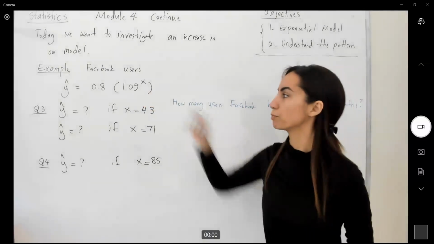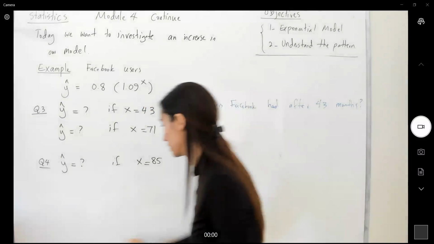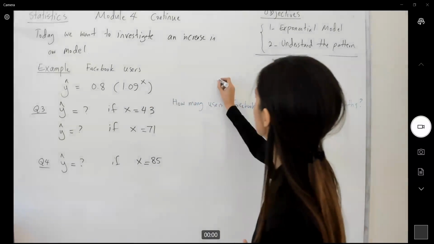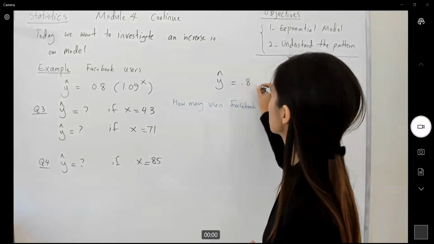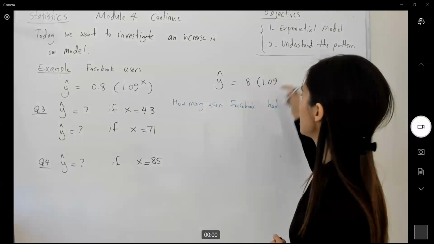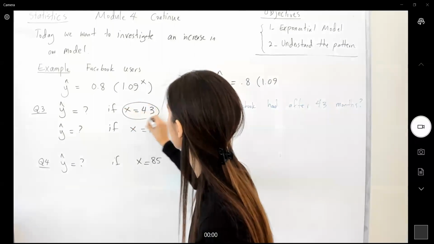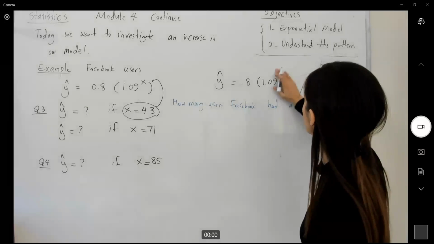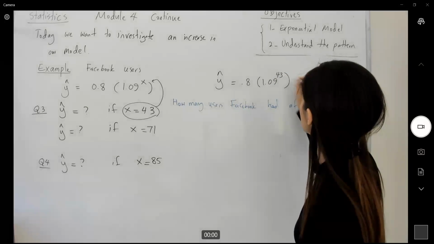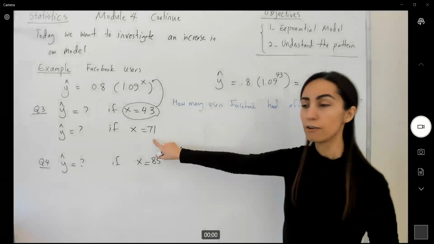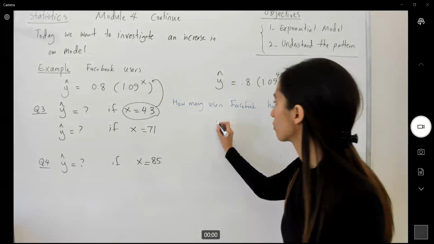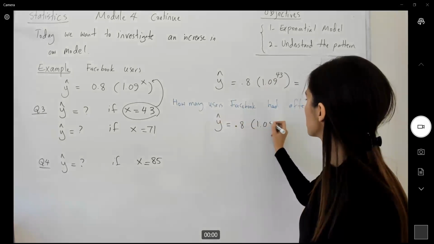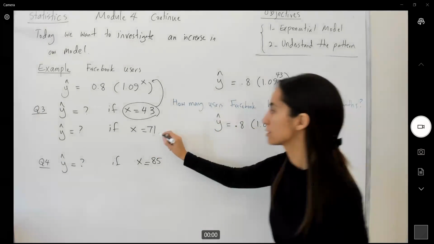So we have a nice formula. Our goal is to use that formula. We have y hat equals 0.8 times 1.09, and your x is equal to 43. So substitute that here. For x equals 71, your y hat is equal to 0.8 times 1.09 raised to 71.